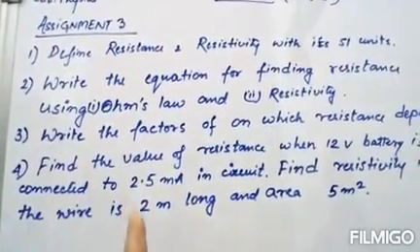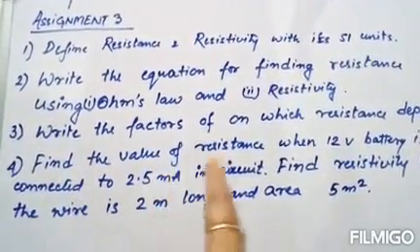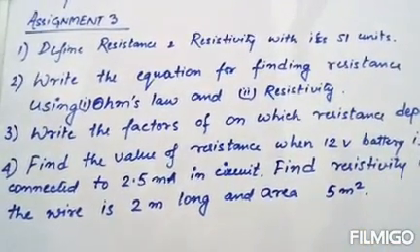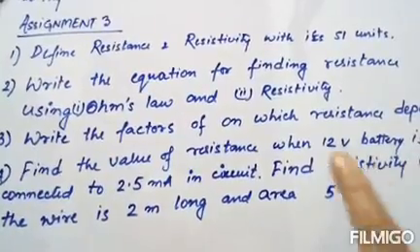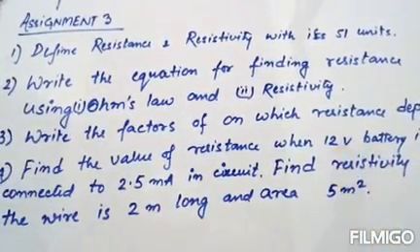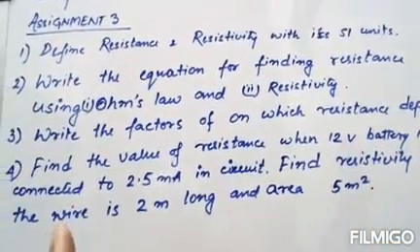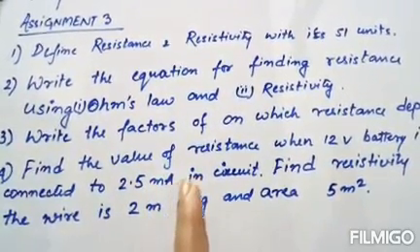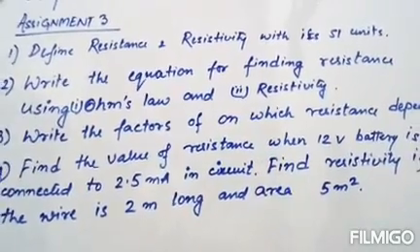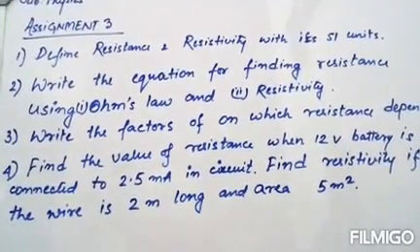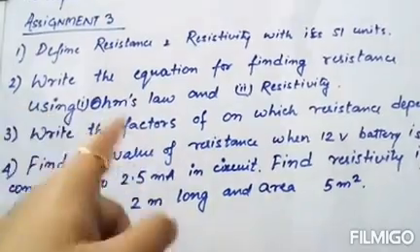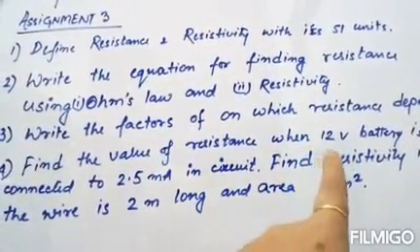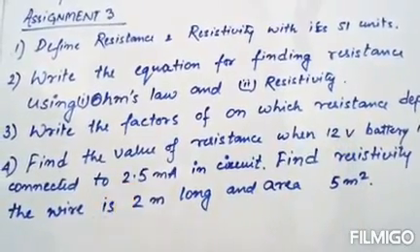The fourth one is a numerical: find the value of resistance when a 12 volt potential difference is connected and 2.5 milliampere of current is flowing through a circuit, and find the resistivity of the wire. From there you will get resistance. Voltage, the potential difference, is given and current is given.